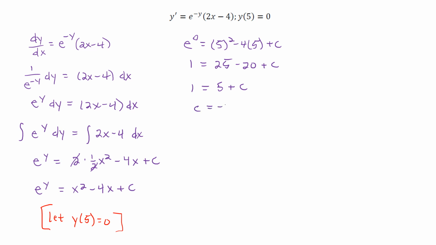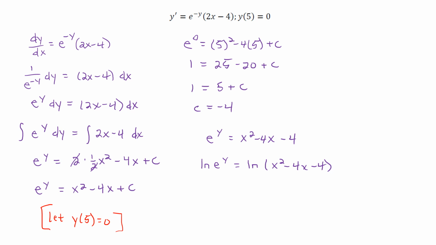So c equals -4. Since c equals -4, we have e to the y equals x squared minus 4x minus 4. We now need to get y out of the exponent location, so we'll apply the natural log to both sides.